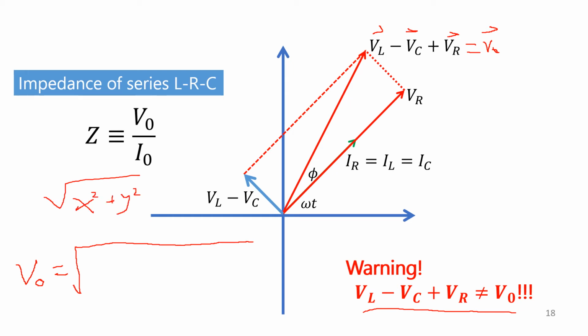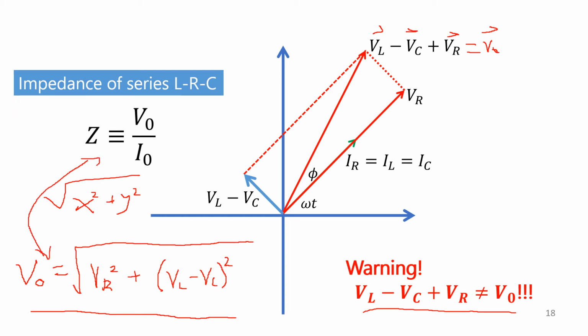The x component, or the horizontal component of V naught, should be VR. So we write it as such. And then the y component is basically VL minus VC, so we write it as VL minus VC, and then square that quantity. We're going to start with this expression in the next slide in determining how to get Z. Our goal is, if we know V naught, and since I naught is given to us, once we calculate V naught, we can get Z.